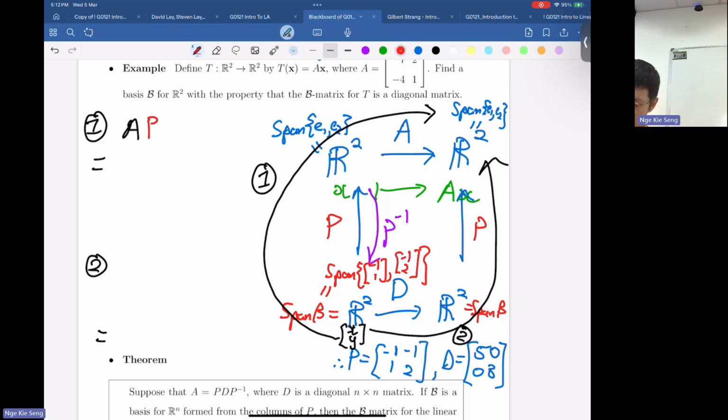Let me think about this first. If we go down, the first route is PA, and then go down, the other route is DP. And this is just what we computed. I want to show you about basis. Let me think how to show you this.